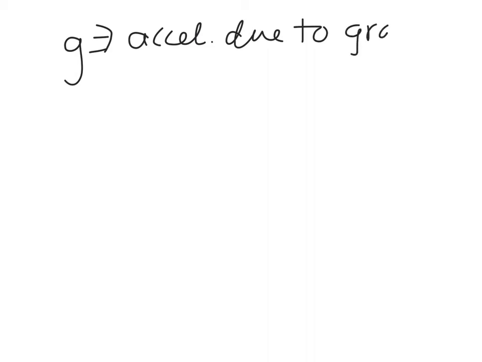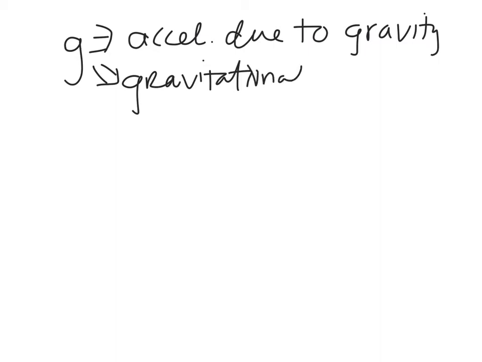So again, just to refresh, g is the acceleration due to gravity. We can also refer to it as the gravitational field strength. And all that means is how much the object is pulling down on you.